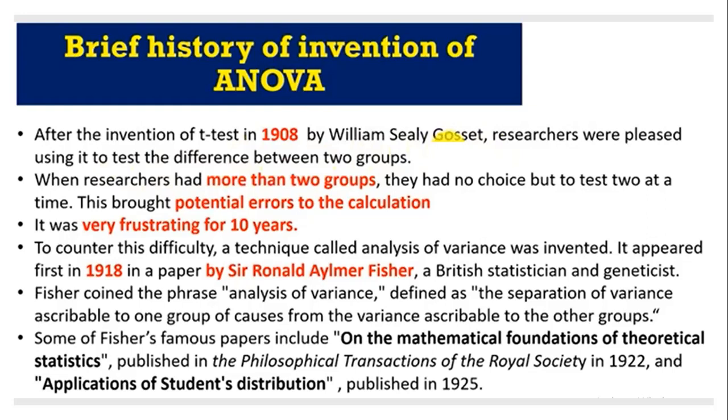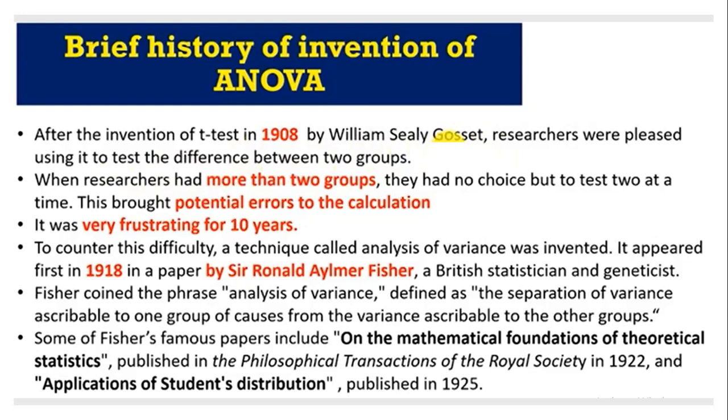However, the man named Fisher invented this ANOVA in the year 1918, over a century ago. He's a British mathematician, a British statistician and geneticist. So he invented this ANOVA, and he published it in one of his books that he titled On the Mathematical Foundation of Theoretical Statistics.